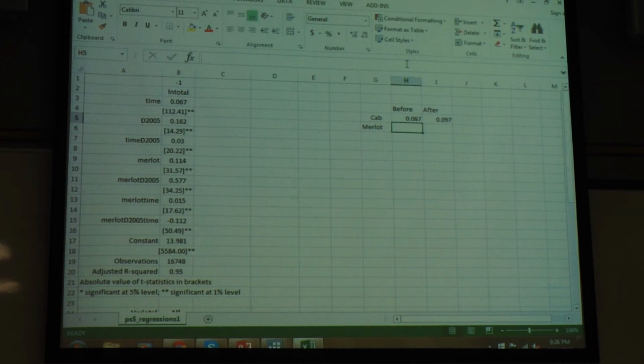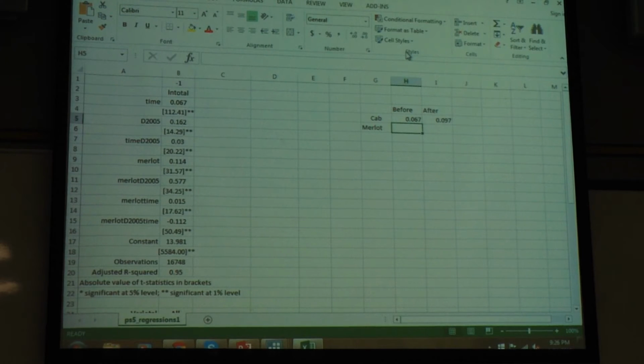Okay, so those are the two growth rates before and after for Cab. Now let's go to the control group. What is the treatment group? What is the growth rate of Merlot before the event? Well, it's going to be the coefficient on time. It's before, so anything with 2005 is going to be zeroed out. Merlot's a dummy, so we need Merlot time, right?